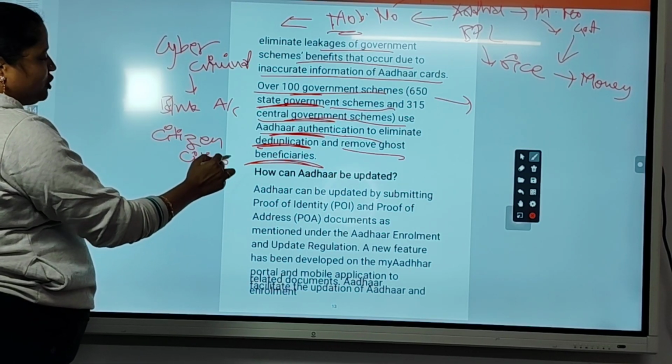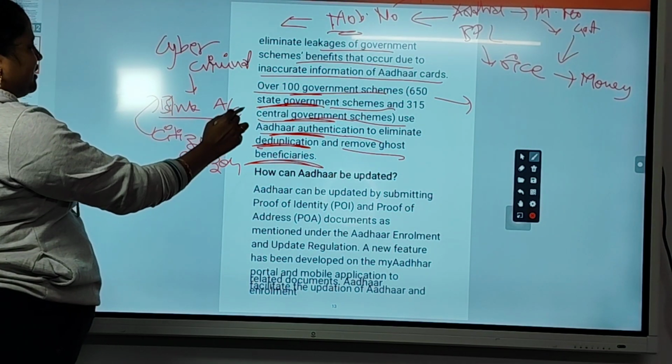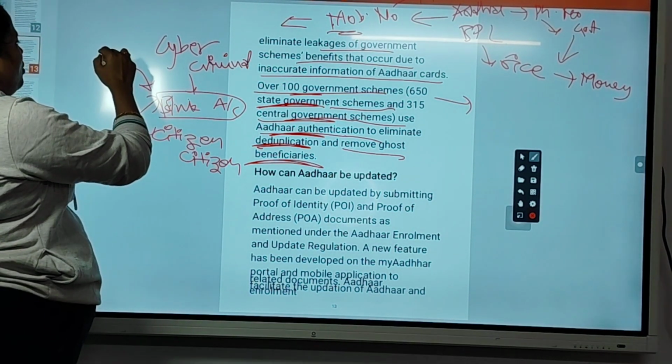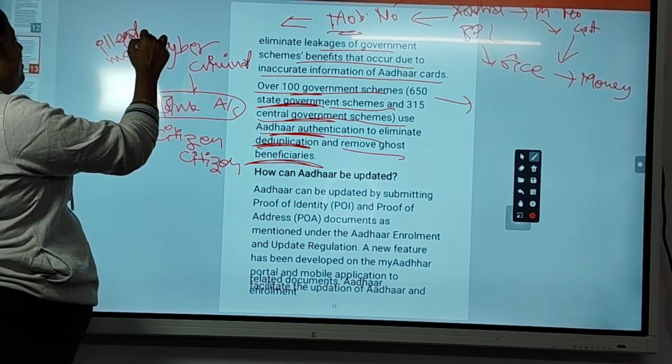It means they stole the Aadhaar data of senior citizens. They use this bank account as a ghost account to save illegal money. This is a big crime inside India.